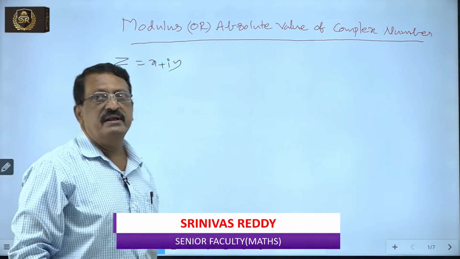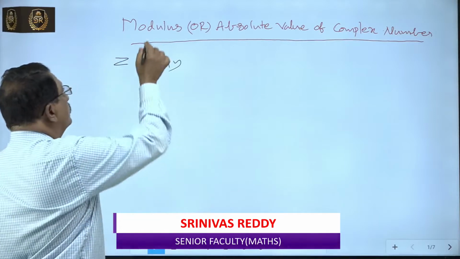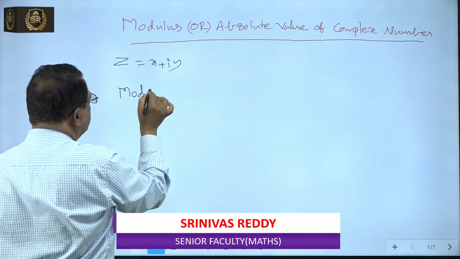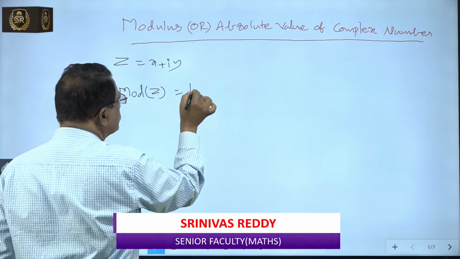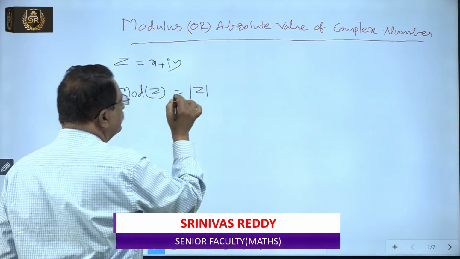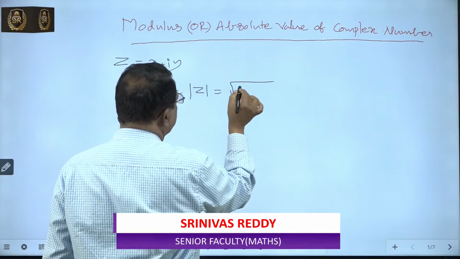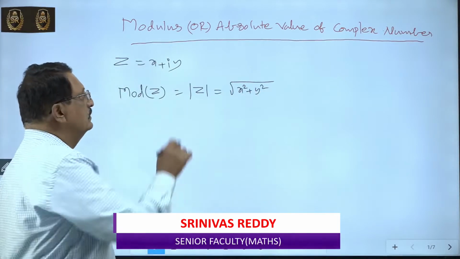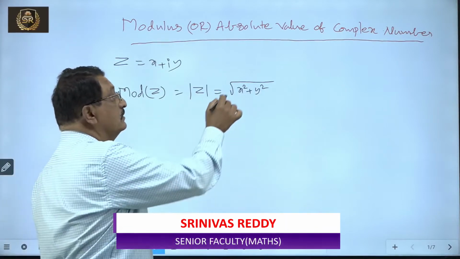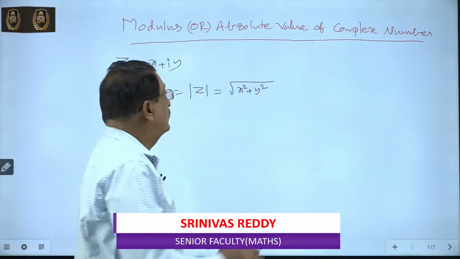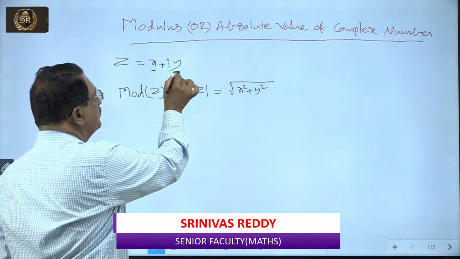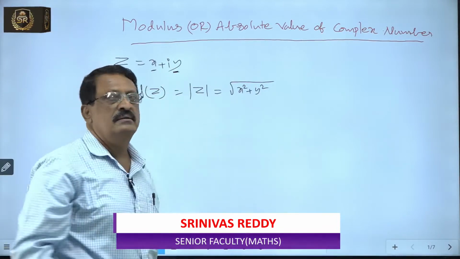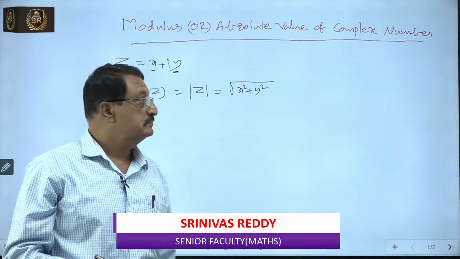The modulus of z, denoted mod z or with parallel lines |z|, equals the square root of real part square plus imaginary part square. The real part is x, the imaginary part is y. It is also called the absolute value of the complex number z.